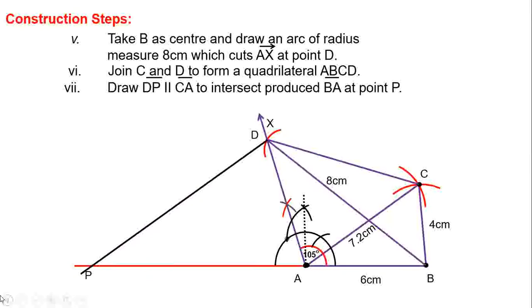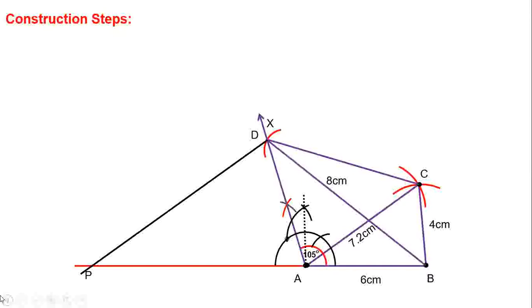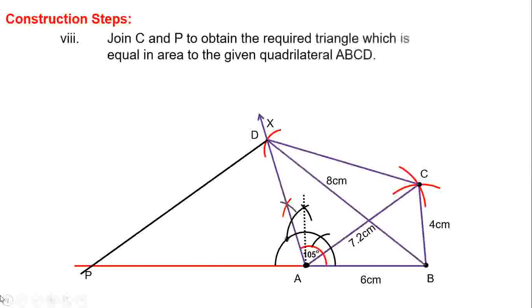Side DP should be parallel to CA. This point P is joined to C to form the required triangle, and it is written in the step: join C and P to obtain the required triangle, which is equal in area to the given quadrilateral ABCD.